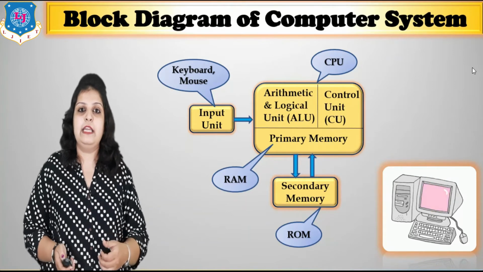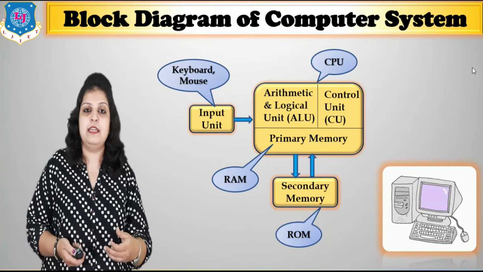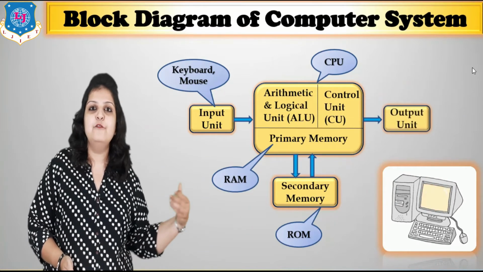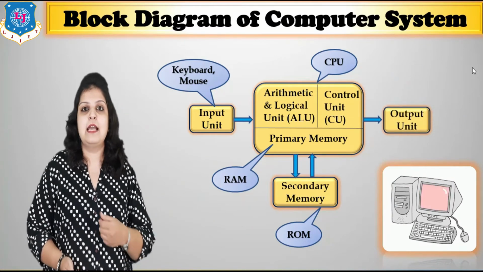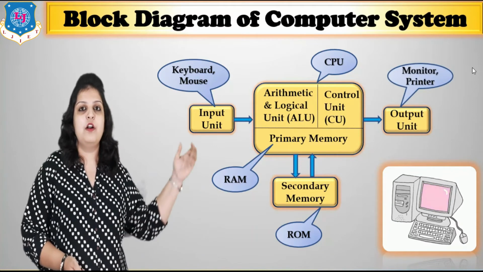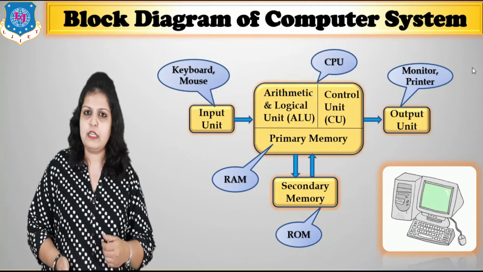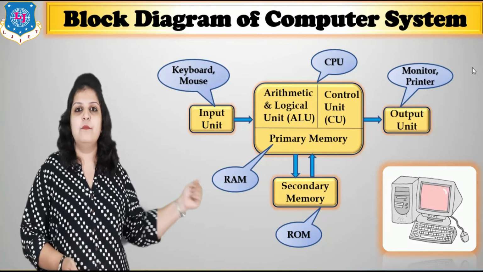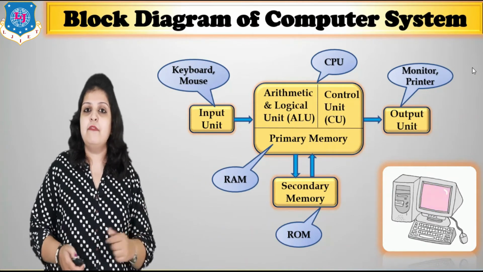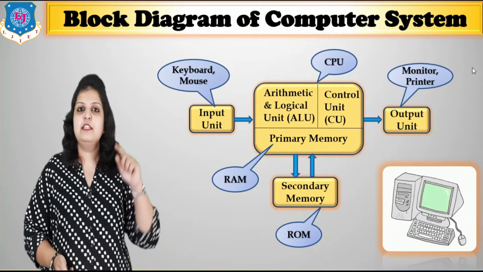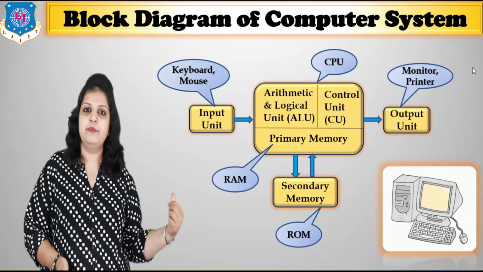And finally, if you want to see your file, it will show on your output unit. And what are the example of output unit? Monitor, printers are the example of output unit. We can see our file on monitor as well as same file in hard copy with using printer. So this is the block diagram of computer.